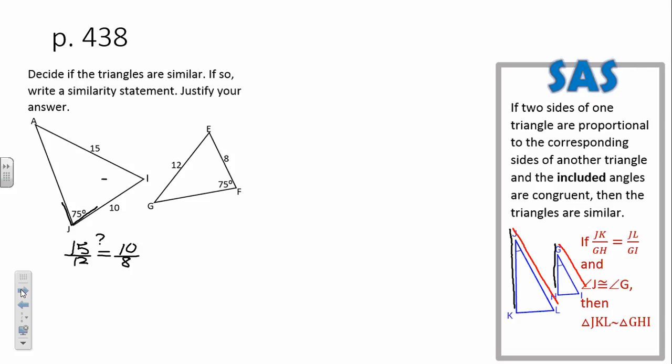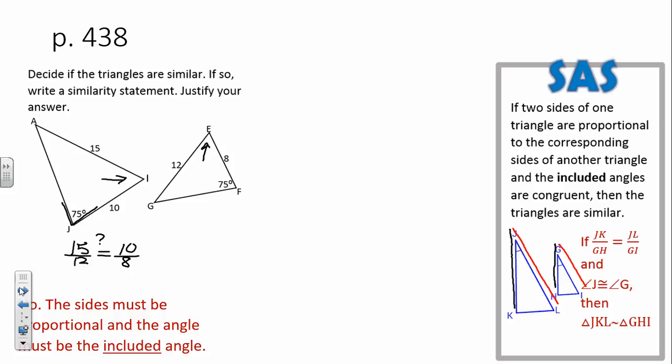To make this work by side angle side, I would have needed angle I and angle E to be congruent, because those are the angles that are between the sides that are given. So this is not true, because the sides have to be proportional and the angle must be the included angle. The sides being proportional is not enough. It has to be the angle that's between the two.